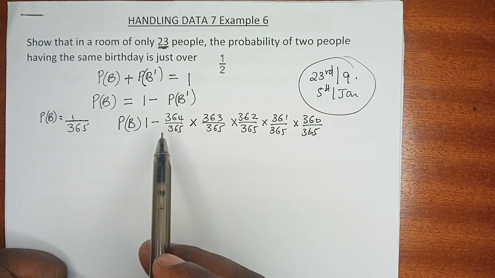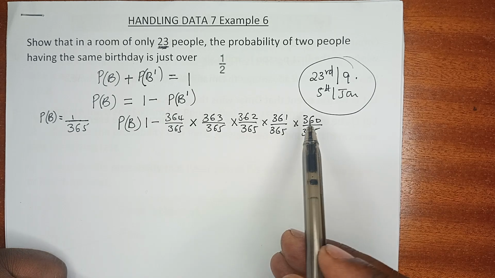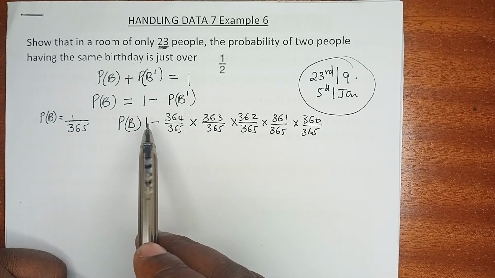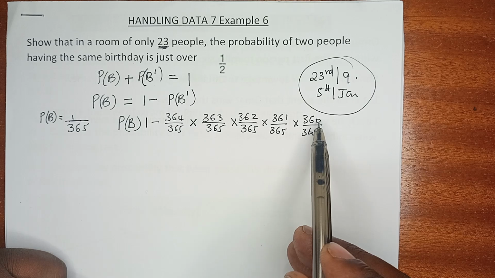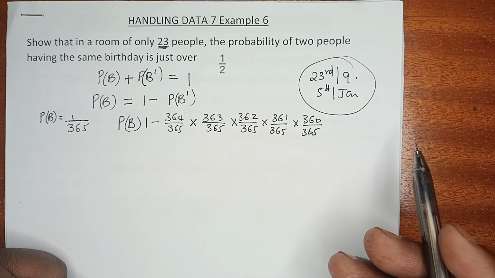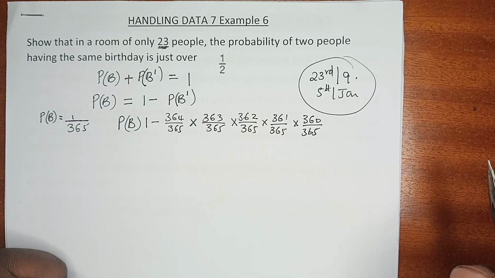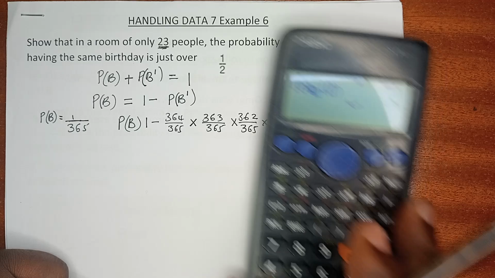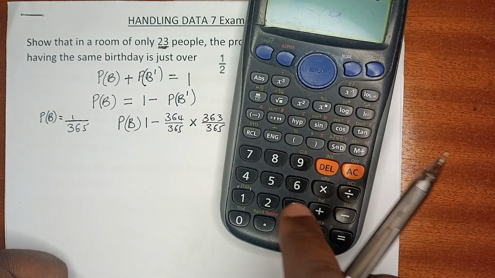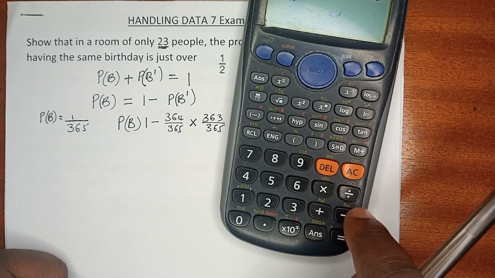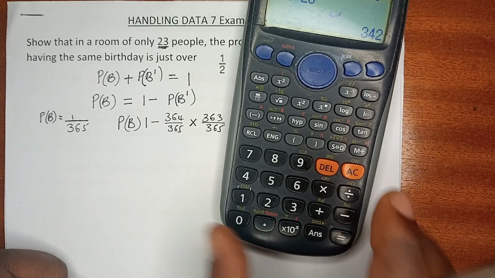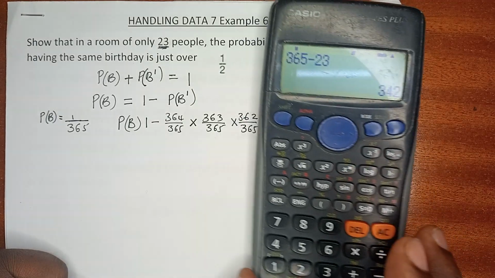And already you can see now from 365 we are at 360 and we have considered six characters. And in this case, now we will have a total of 365 minus 23, which is 342.